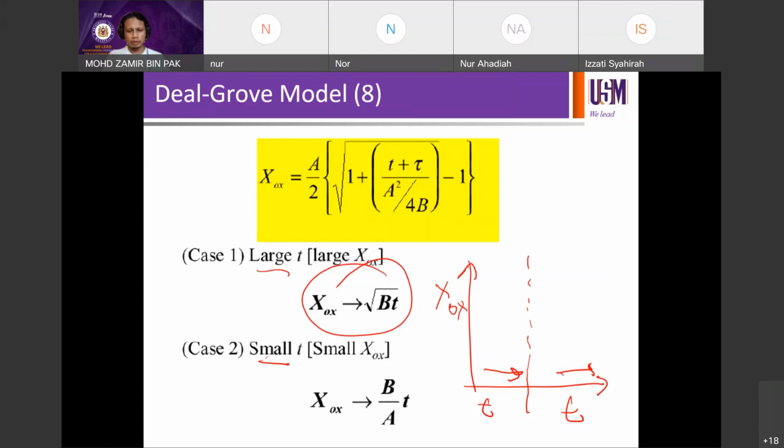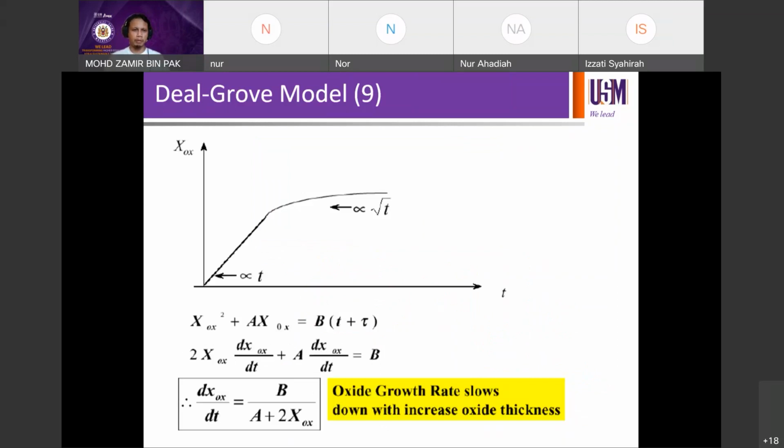We're going to have a look at that later on. And for small T, it is B over A times T. So you can relate that to the linear mode and parabolic mode.